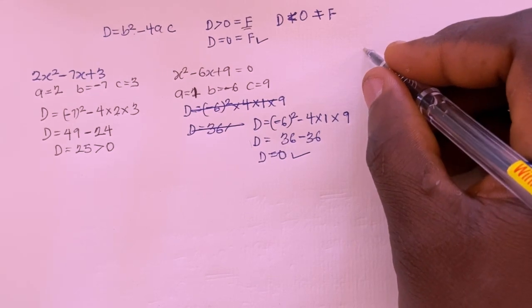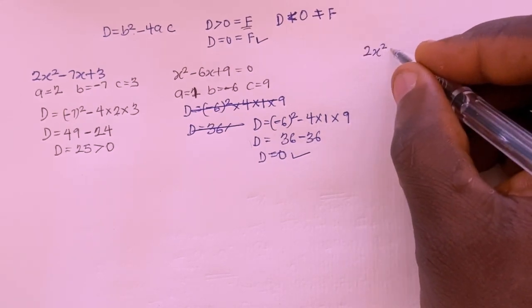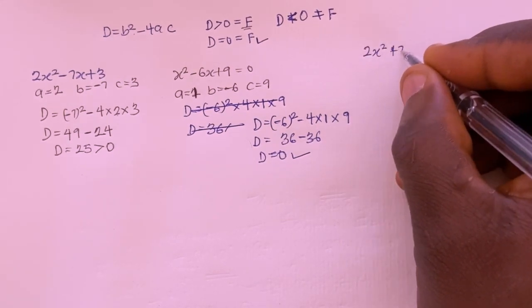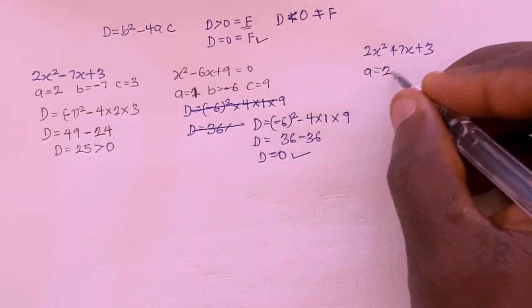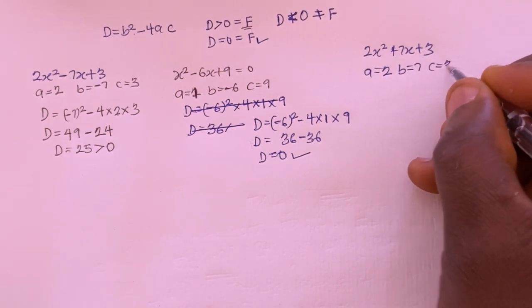Let's say you are given 2x squared plus 7x plus 3. In this case, our a is 2, b is 7, and c is 3.